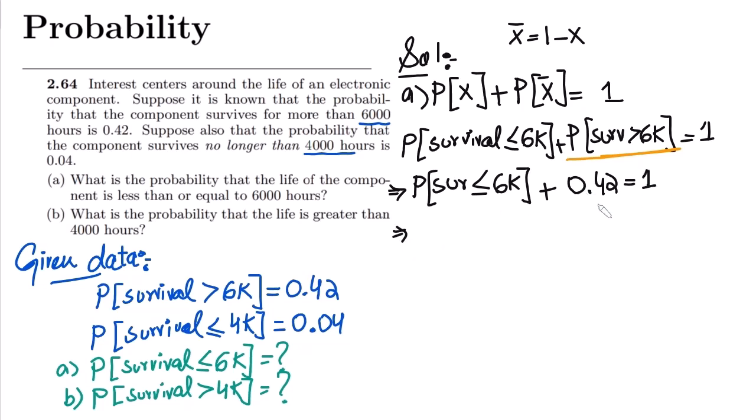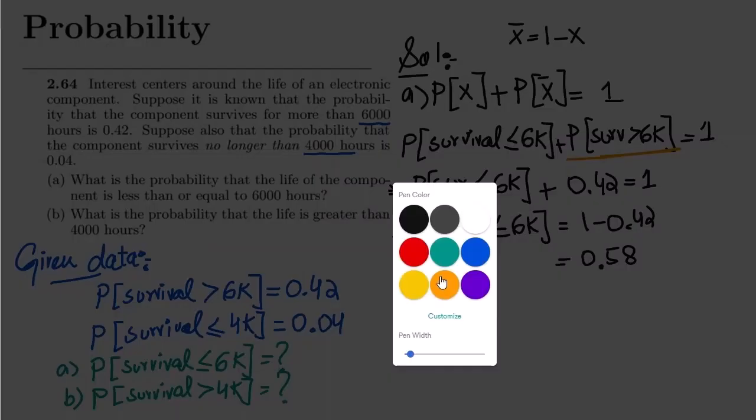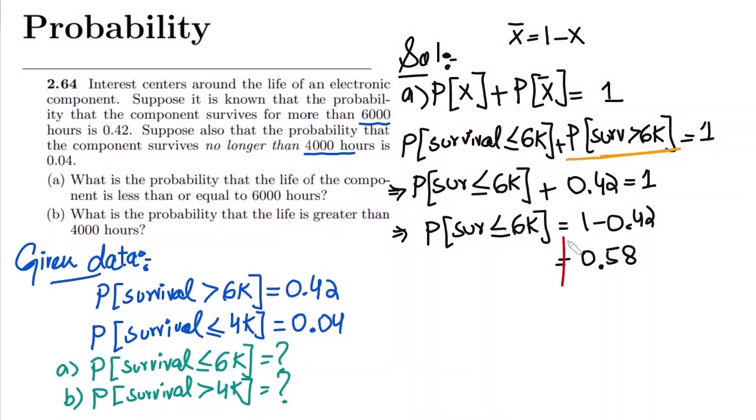Subtracting 0.42 from both sides, I will get the probability of survival less than or equal to 6k equals 1 minus 0.42, and this will be 0.58. So that is the answer of part A.